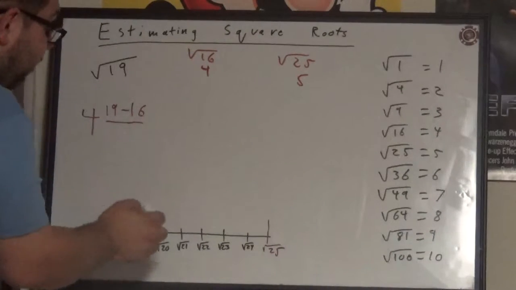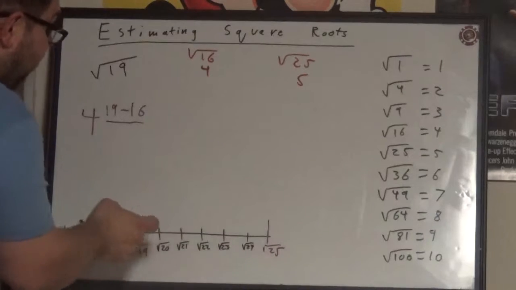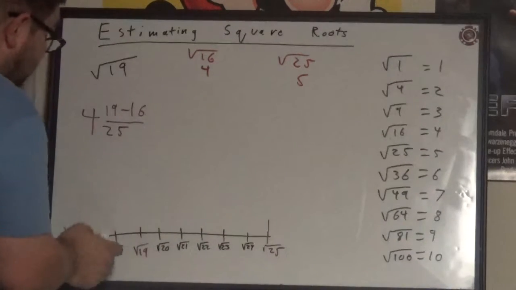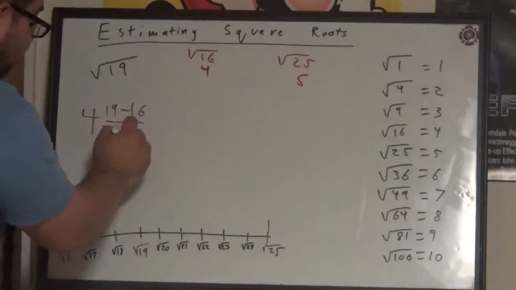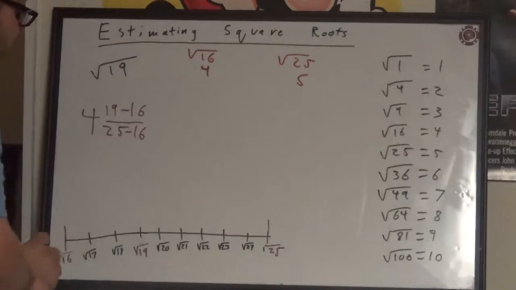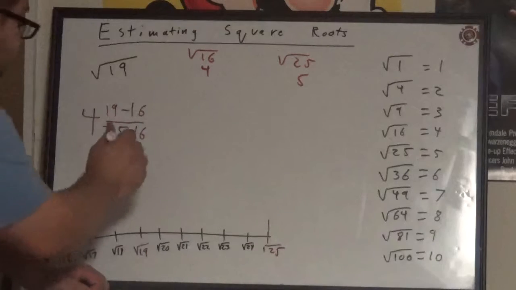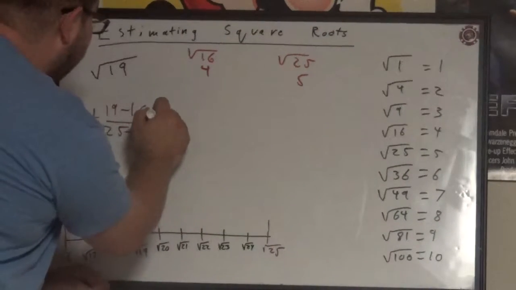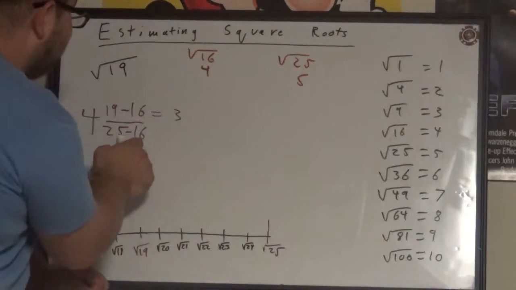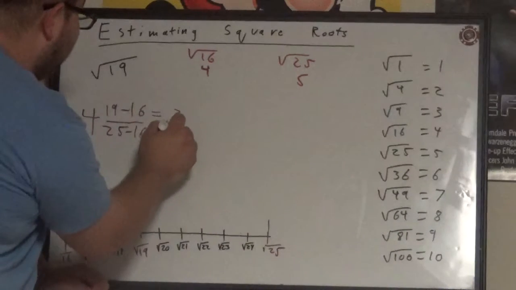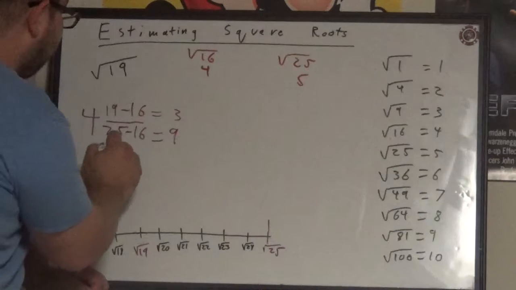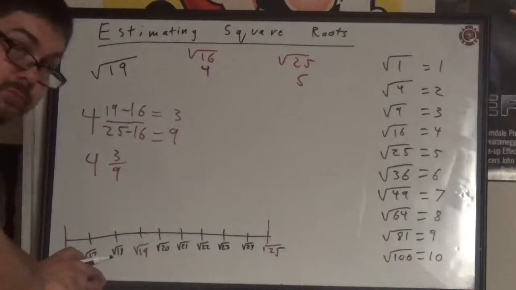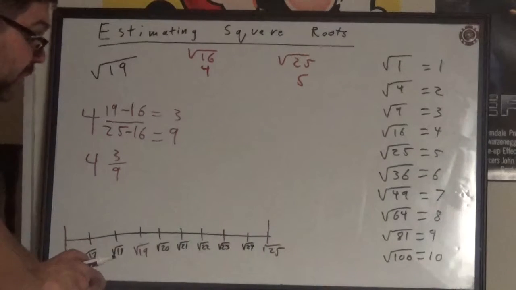As a denominator, we're going to take the larger of the perfect squares, 25, and subtract 16, the smaller of the perfect squares. Of course, 19 minus 16 is 3. 25 minus 16 is 9. So we have 4 and 3/9, written as a mixed number.